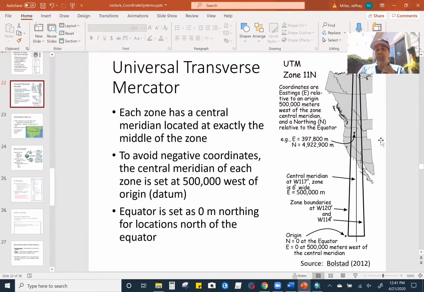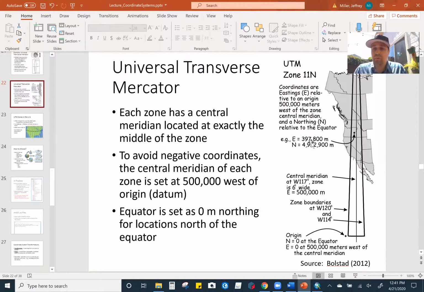And the easting is going to be, let's see, in this case, because we know that the central part is 500,000, and we know that right here is 0. So technically what we could do is go however many meters it is from the center to that particular point.